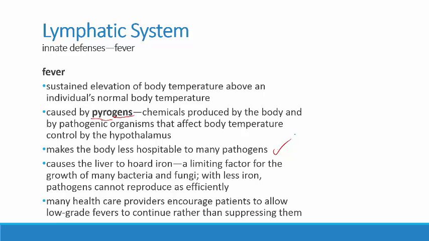So by either pushing body temperature outside of the normal preferred range for the pathogen, or by removing from the body fluids some needed material like iron, we can help discourage bacterial or fungal growth and reproduction.